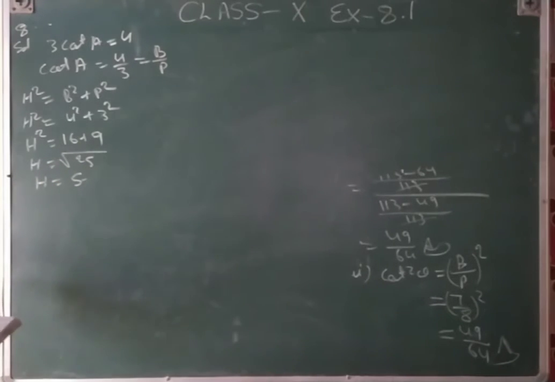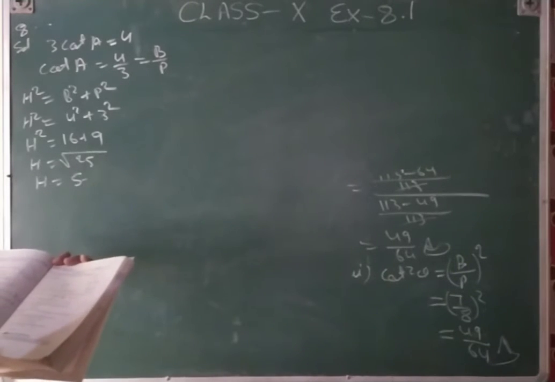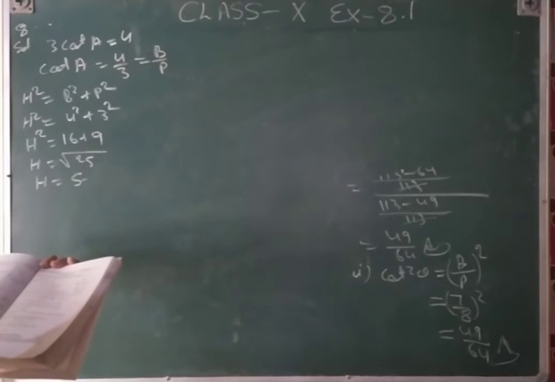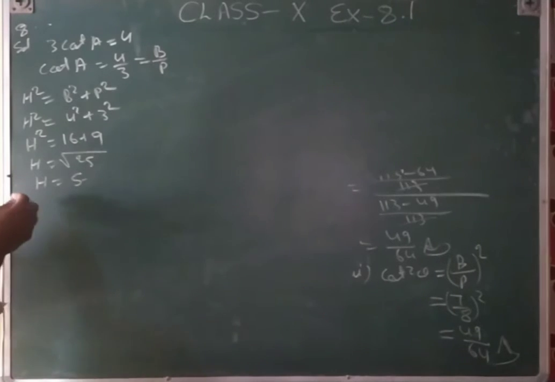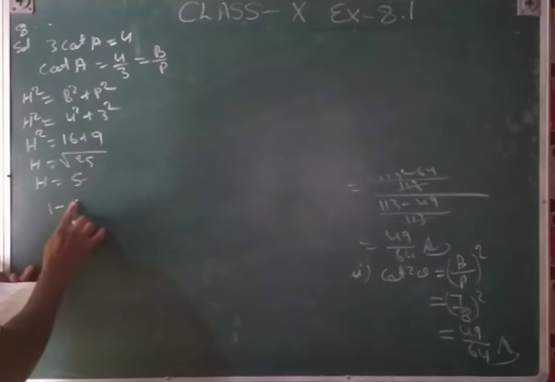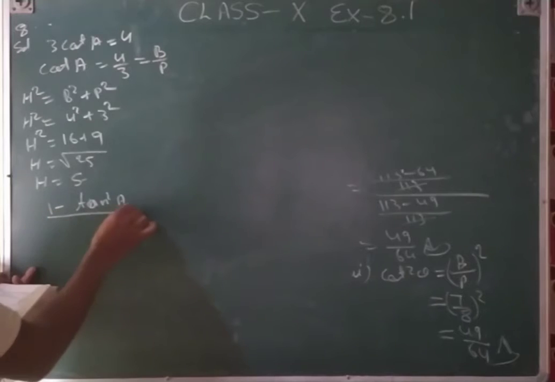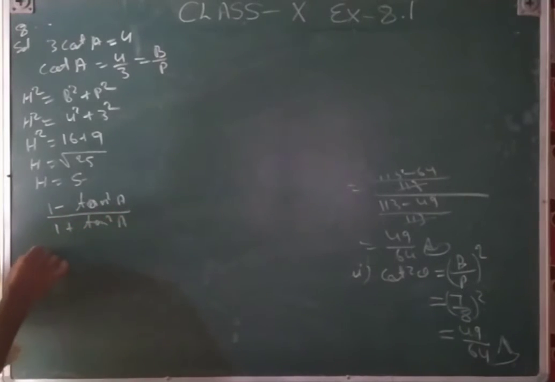Now we will apply the values. Here is (1 minus tan square A) upon (1 plus tan square A) is equal to cos square A minus sin square A, equal or not equal. So both places we will write that 1 minus tan square A upon 1 plus tan square A. So tan value means p upon b.